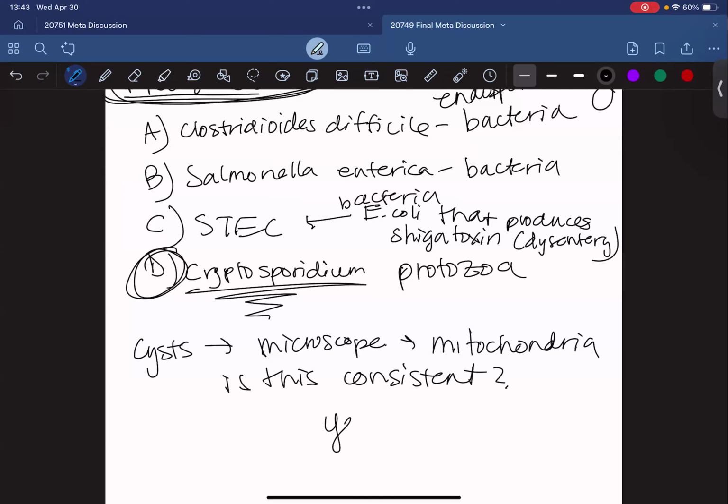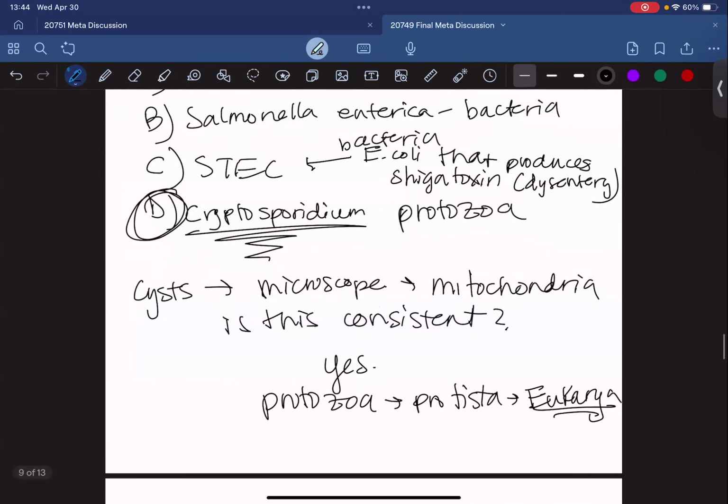And the answer here is yes, because Cryptosporidium is a protozoa. Protozoa are protista, which is a kingdom of eukaryotes. True nucleus and true organelles for that.